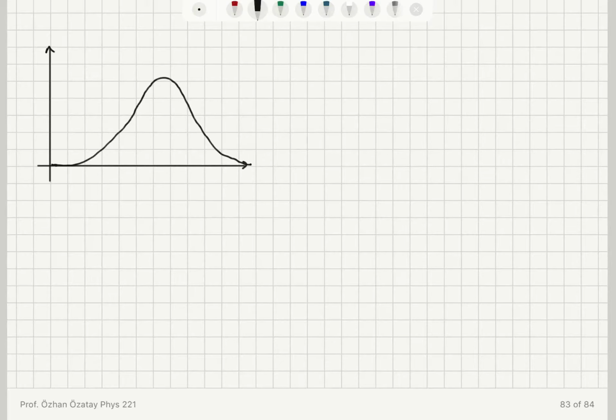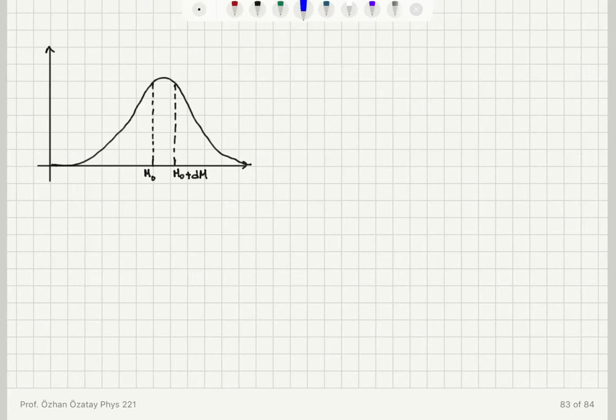The m values are discrete, but basically I'm picking a range around m bar, let's say. So here I pick a value m0 and this is a value m0 plus dm. So I would like to know the probability of finding the total magnetization in this range.